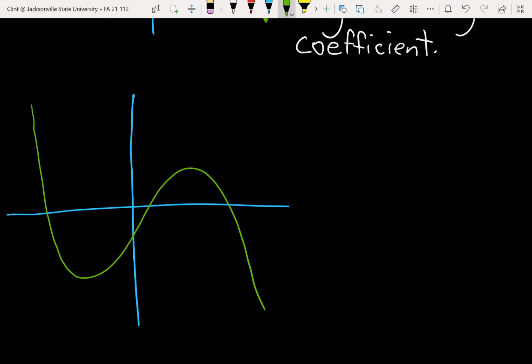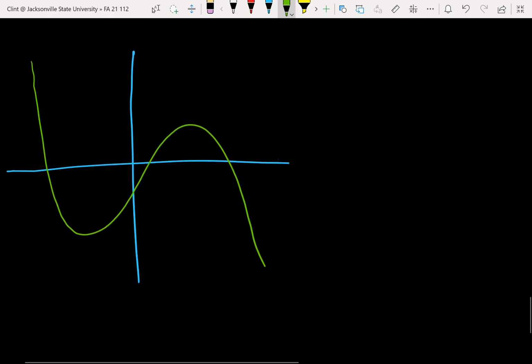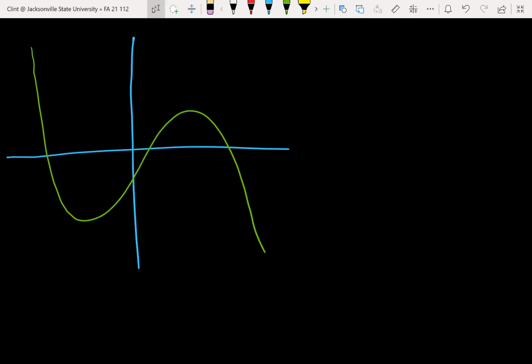We'll have shapes like that in there sometimes. If we're just looking at a piece of the graph that looks like this, then we call any of the dips, where we have a valley, a local minimum.